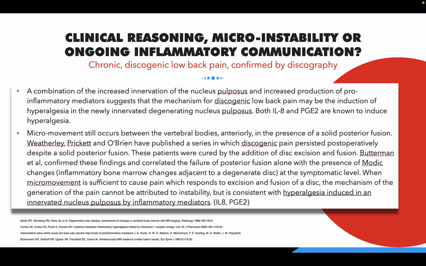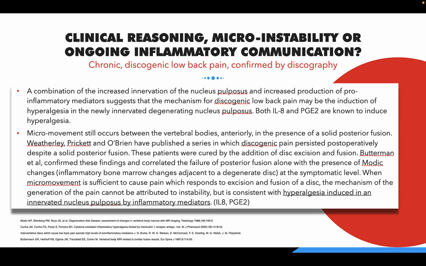These patients were then cured by the addition of disc excision and fusion. Butterman et al. confirmed these findings and correlated the failure of posterior fusion alone with the presence of Modic changes, which are, of course, inflammatory bone marrow changes adjacent to the level of degenerated disc at the symptomatic level.